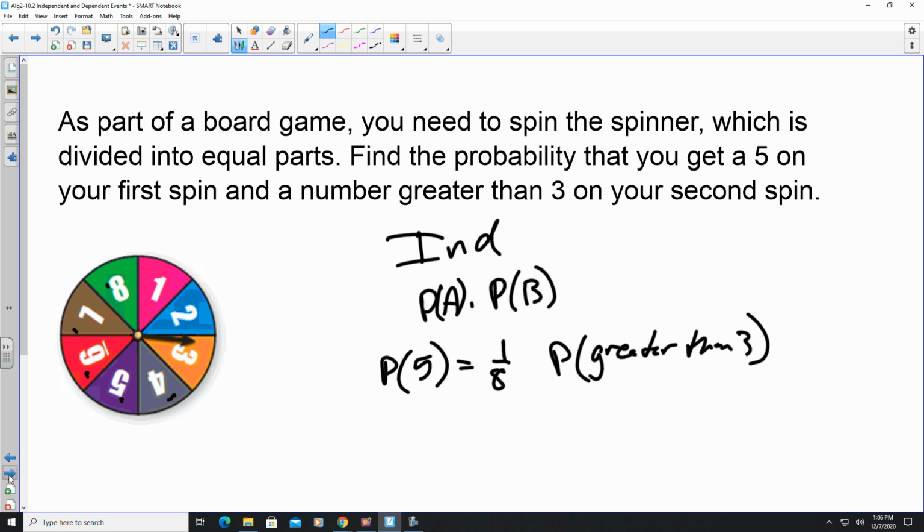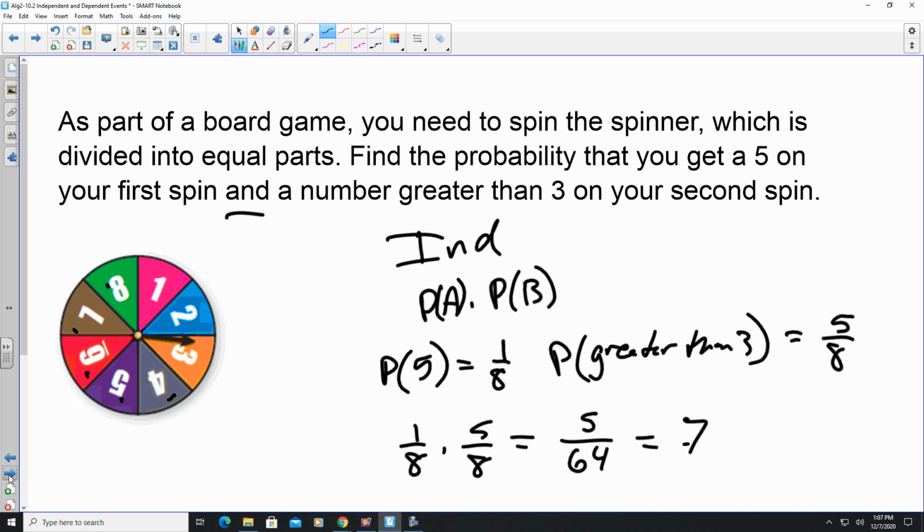So there's 1, 2, 3, 4, 5. So it's a 5 out of 8 chance of getting that. So the probability of you getting a 5 and a number greater than 3 is going to be 1/8 times 5/8, which is 5 over 64, which is about 7.8%.